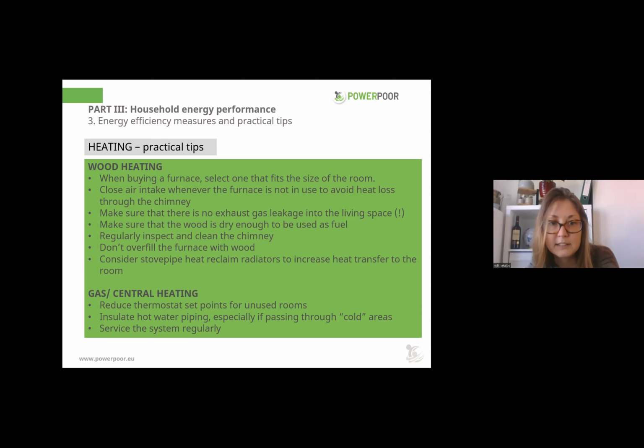In terms of gas and central heating, if you have a thermostat, you can stop the heating in unused rooms, for example, and you could insulate hot water piping if possible. And of course, regular inspection of the system is also key.